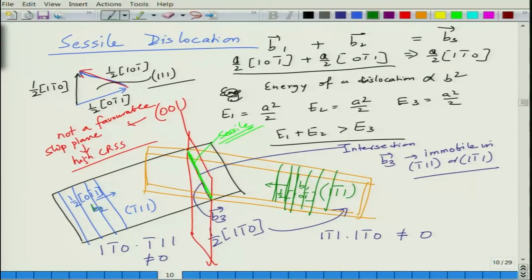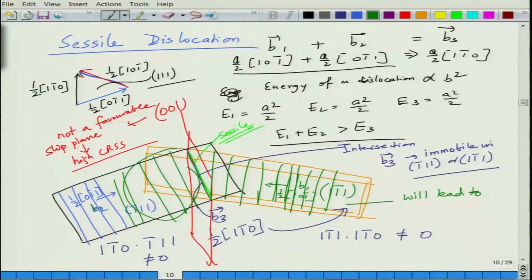So, this cannot move. This has become immobile, which means all of these dislocations will get piled up. When they all reach this point, this will lead to dislocation pile up.